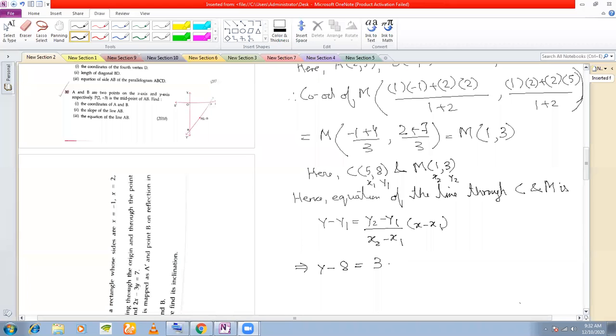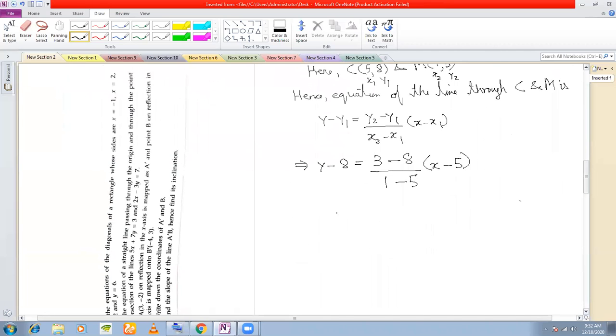Y minus 8 is equal to (3 minus 8), which is minus 5, over (1 minus 5), which is minus 4, into (x minus 5). That means y minus 8 is equal to 5/4 (x minus 5).